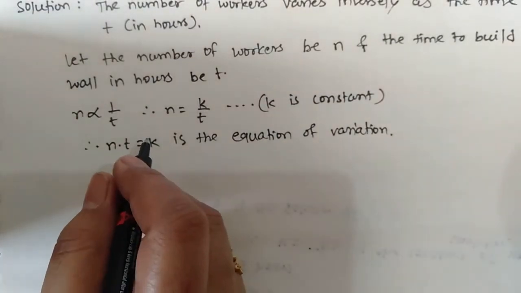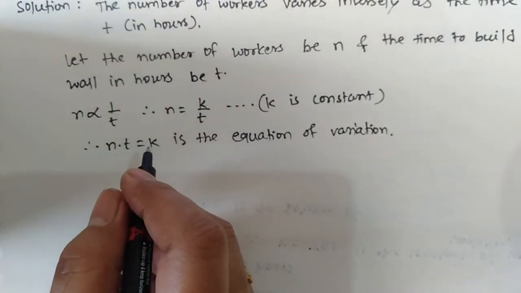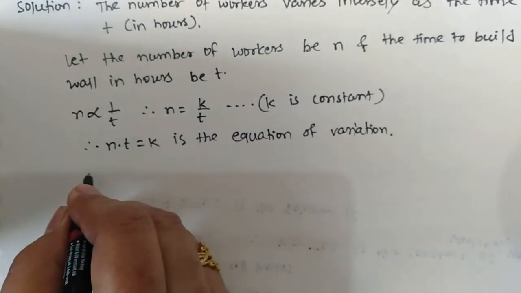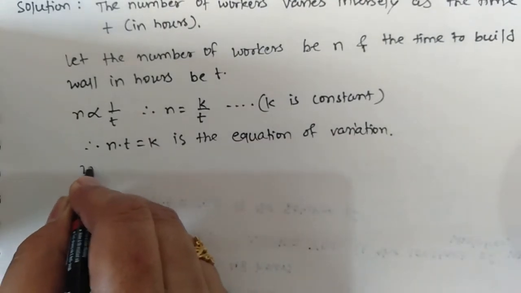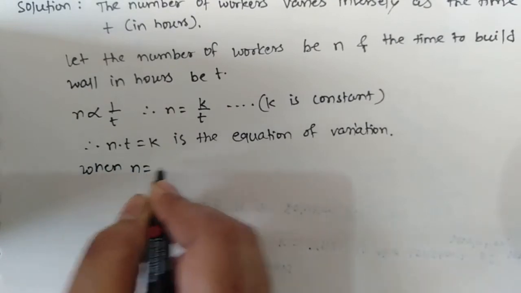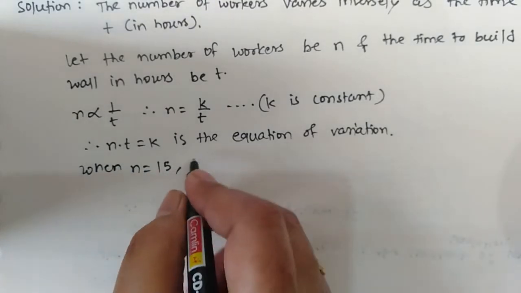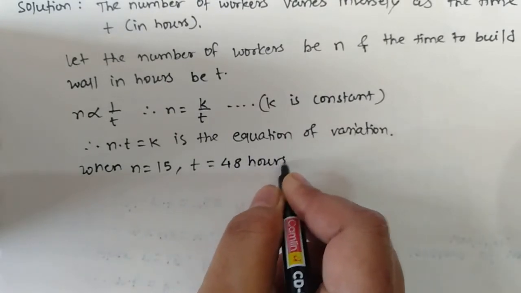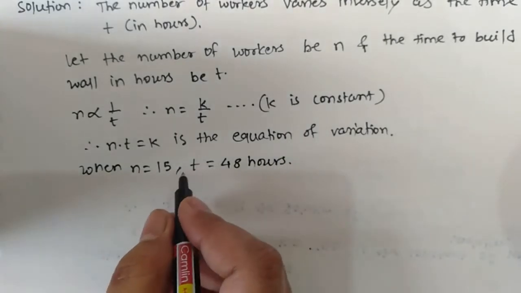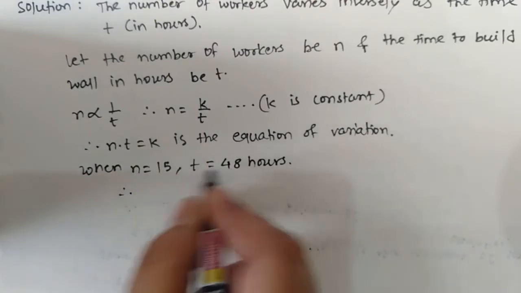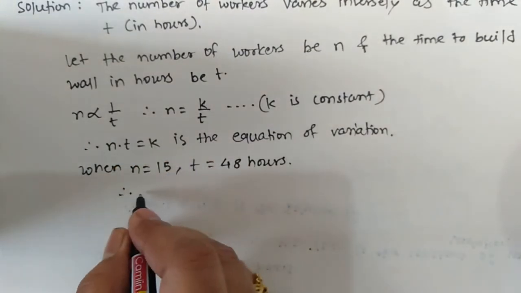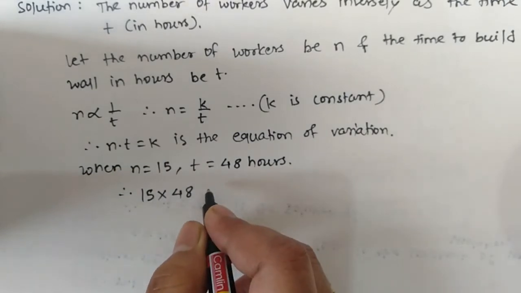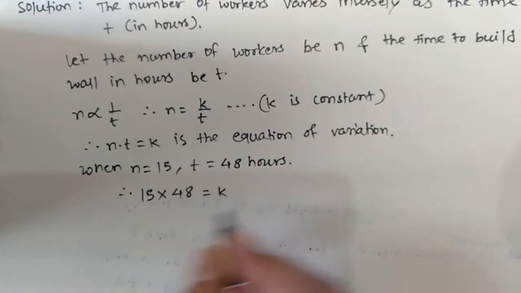Now what is given in the question? 15 workers can build a wall in 48 hours, means when n is equal to 15 and T is equal to 48 hours, then find the value of k. So put these values into the above equation. 15 multiplied by 48 is equal to k.